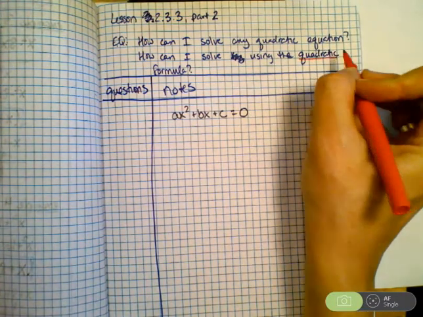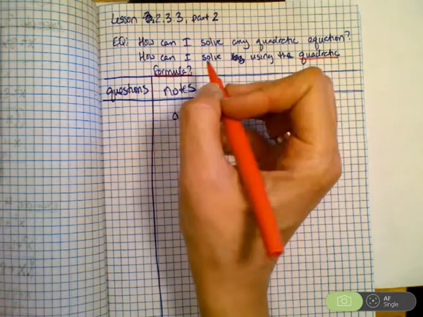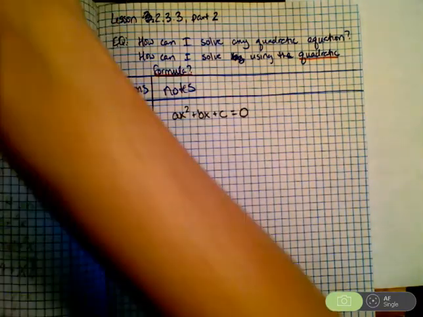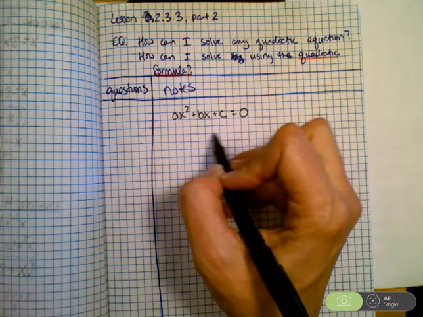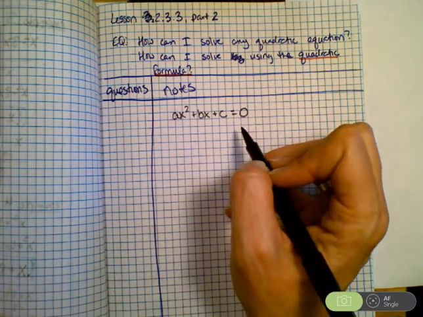So if we want to use the quadratic formula, which we're actually going to want to use pretty often, the first thing that you always want to do is make sure you get an equals 0 on one side. You do that just by moving everything using addition and subtraction and then combining like terms.